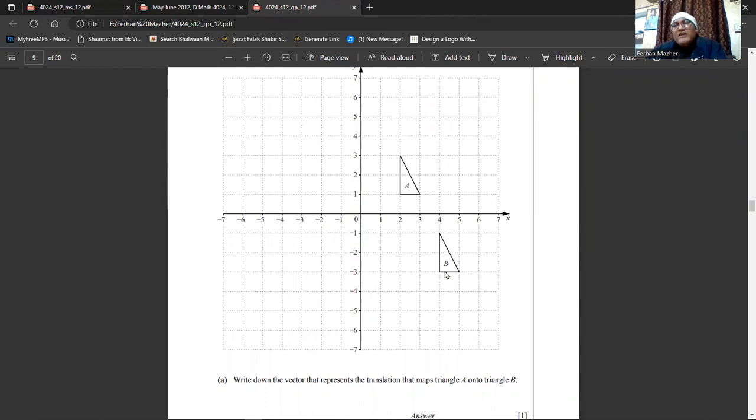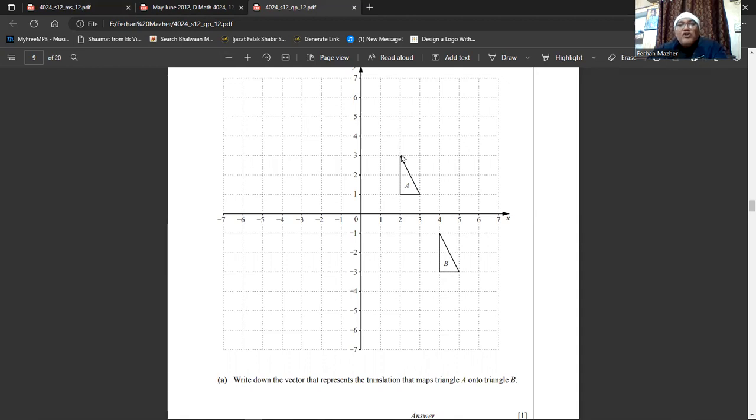Okay, so the translation matrix can be found like this: you take a point on the image and the corresponding point on the object, and from its coordinates you subtract the coordinates of the object. You write them in the form of a column matrix, and you get the translation matrix. So the translation matrix is image minus object.